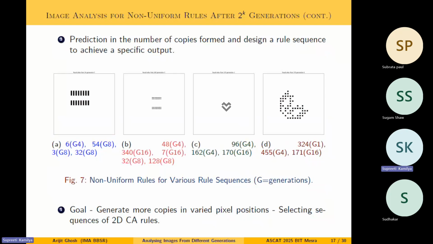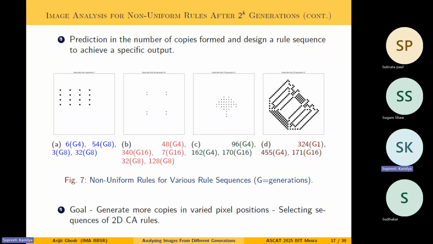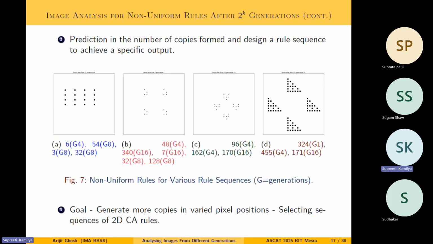Explaining the concept, to a single active pixel we have applied rule 6 up to generation 4, then rule 54 up to generation 8, then rule 3 up to generation 8, and then again rule 32 up to generation 8.